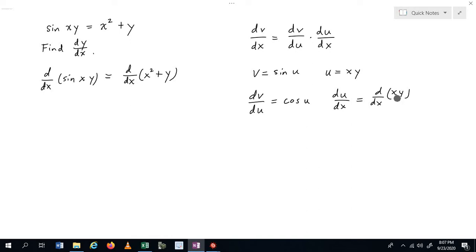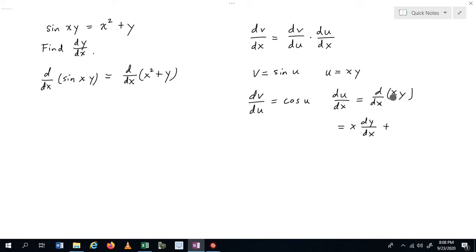Now, to find this derivative, we're going to have to use the product rule, because this is the product of x and y. Remember the product rule says you take the first times the derivative of the second plus the second times the derivative of the first. The first is x. The second is y, and we have to take the derivative of that with respect to x, so we get dy/dx.